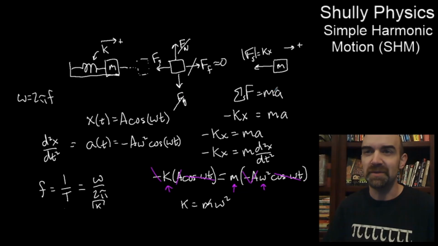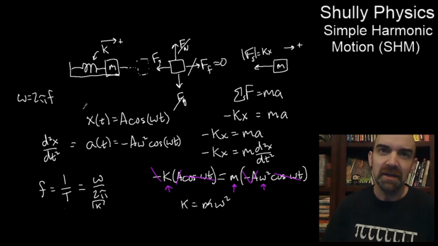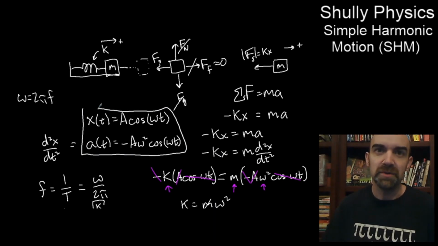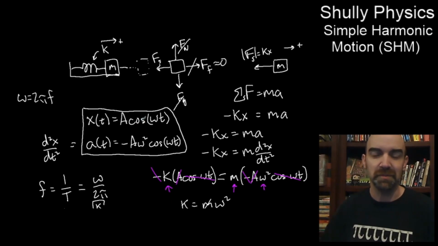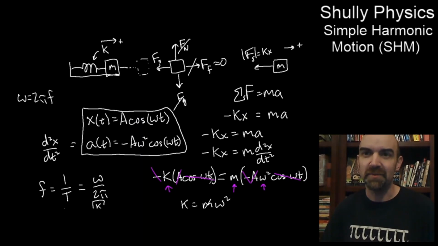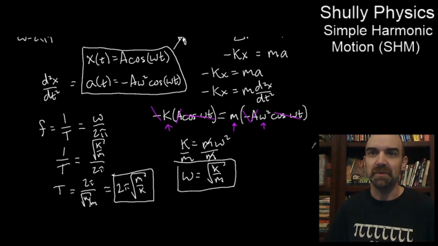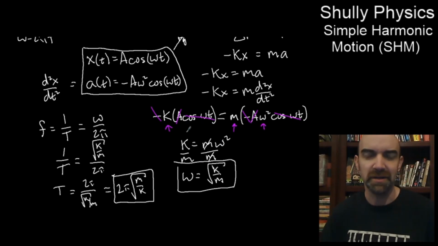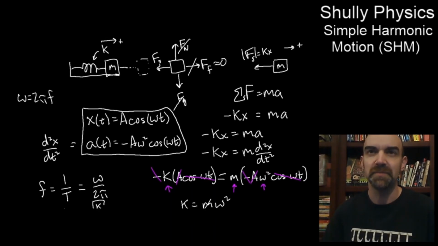Just apply Newton's second law, get a relationship between acceleration and displacement, and plug in motion for a simple harmonic oscillator, a system with simple harmonic motion. Plug those both in there, and you're left with, after a little bit of algebra, a relationship between omega and the physical quantities that make up the system. What's going to make it move fast? What's going to make it move slow?